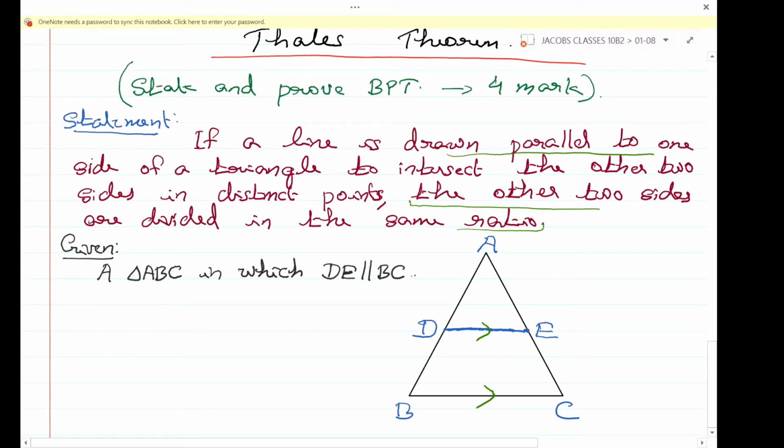Then the next given part is DE intersects AB and AC.